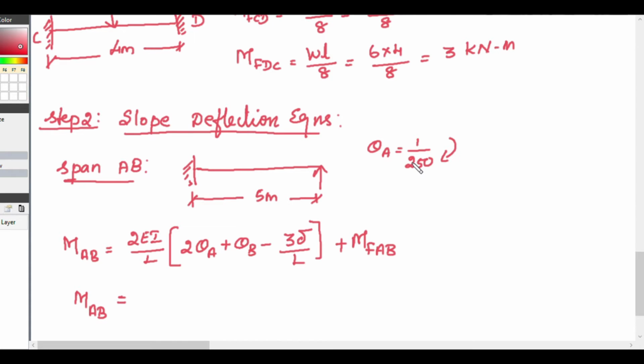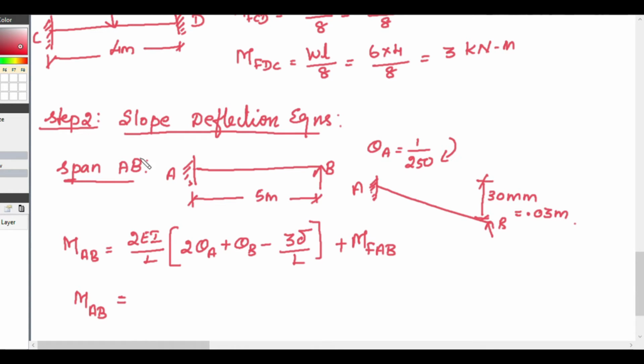So it is positive. Now theta B is not equal to 0. And what about delta? This delta is the deflection or the settlement of the span AB. While you are considering the span AB, there is no settlement of support at A, but there is a settlement of support at B. So at B, your settlement is 30 mm. That is equal to 0.03 meter.